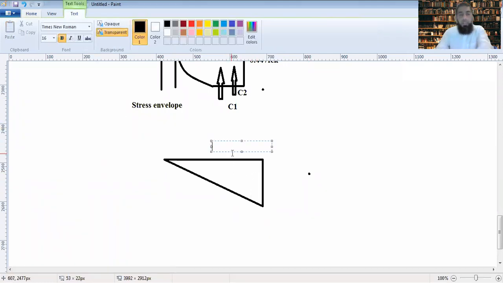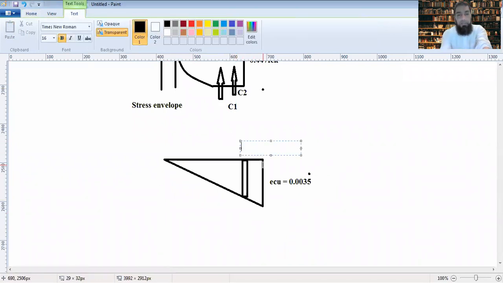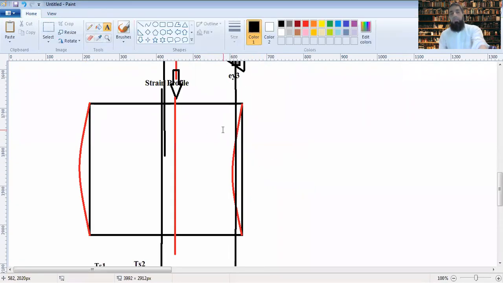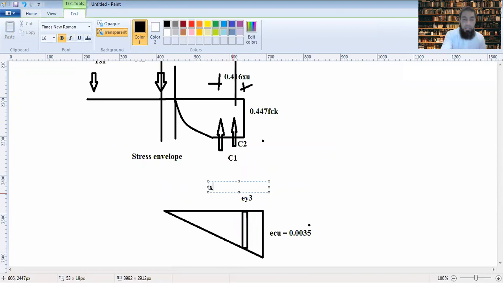Now this is your compression envelope. Here ECU is 0.0035. Then you have EY1 here, EY3 here, or epsilon 3, epsilon EY3, and you have XU. This is XU.